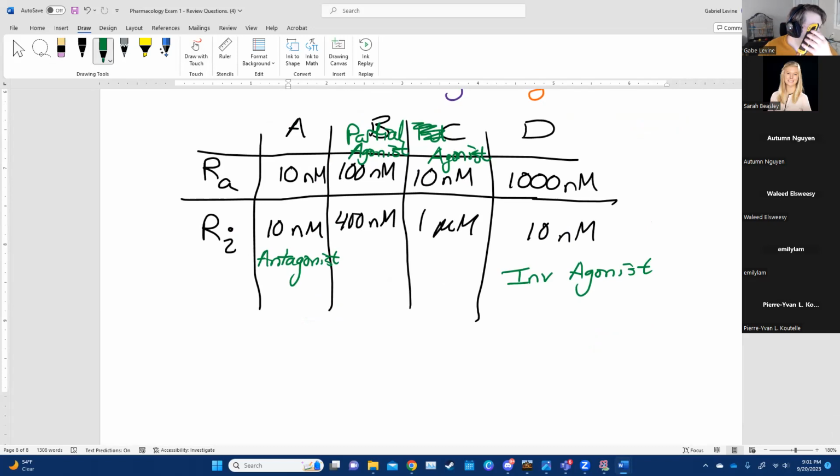But between B and C, which one would provide higher efficacy? We don't know. You can't tell from affinity alone. Trick question. That is a kill question.